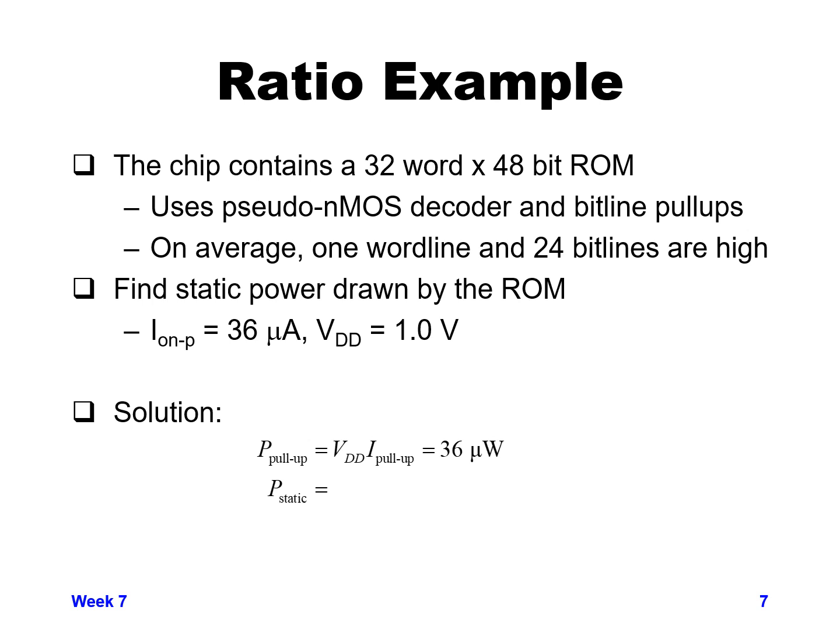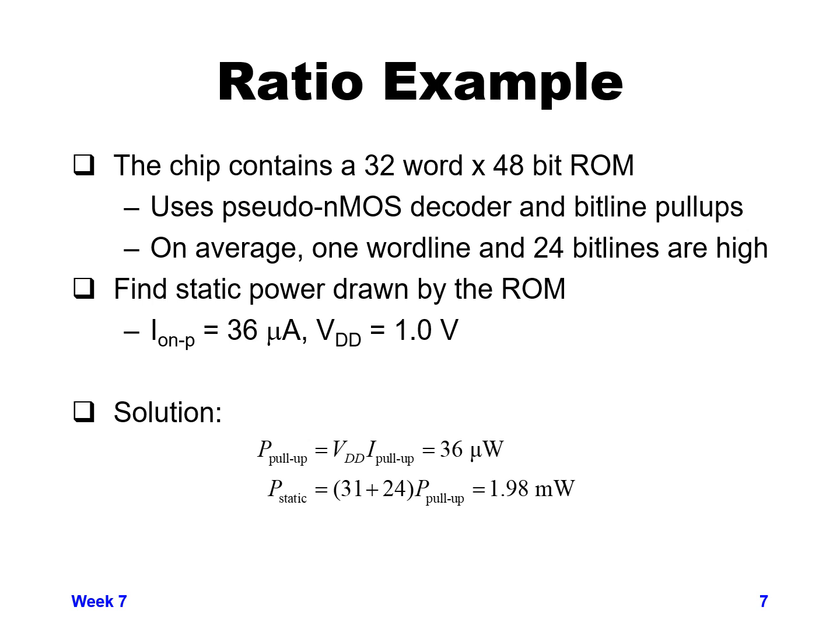And then for our total static power, we need to know how many places this pull-up power is being used. Like I said, in the setup, only one word line is going to be high, so 31 are going to be low. That means 31 word lines are going to have static power drawn from them of 36 microamps, and half of the bit lines, so of the 48 bit lines, 24 of them are going to be high and 24 low.